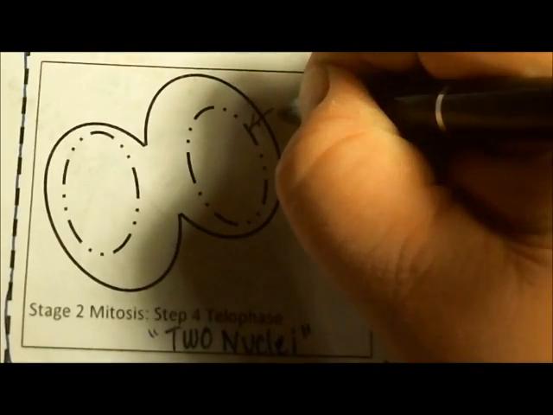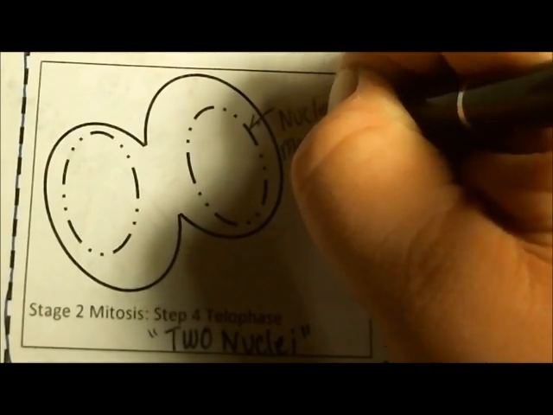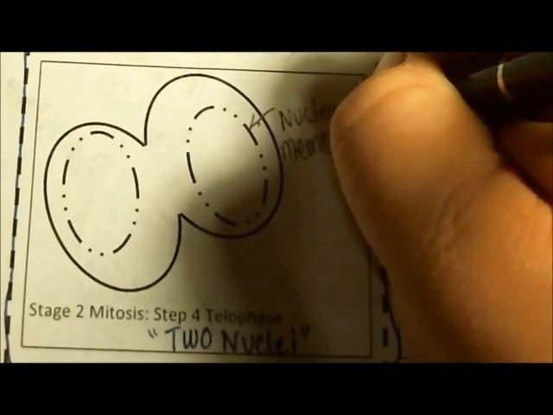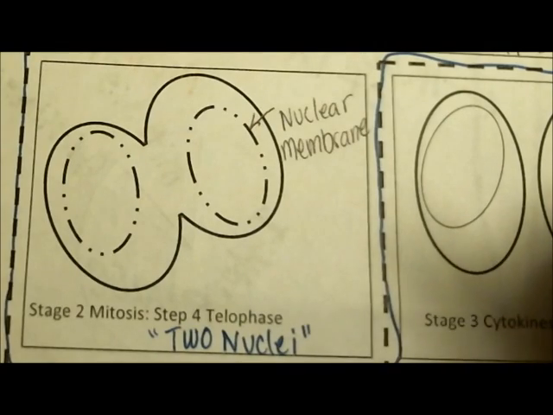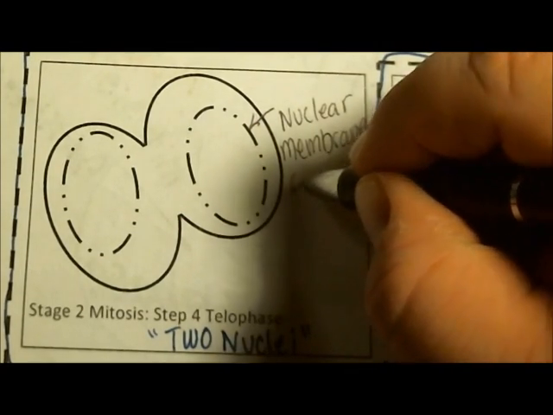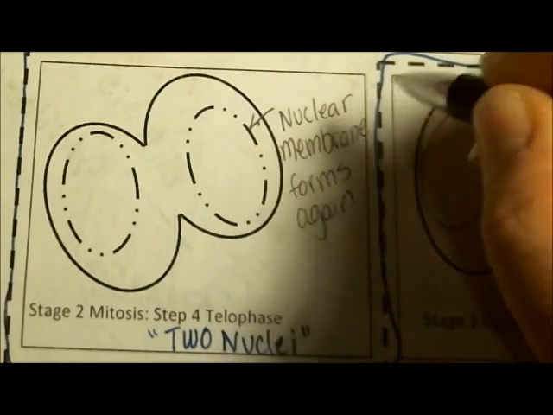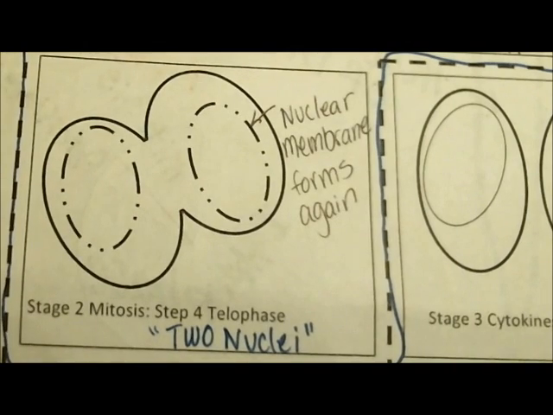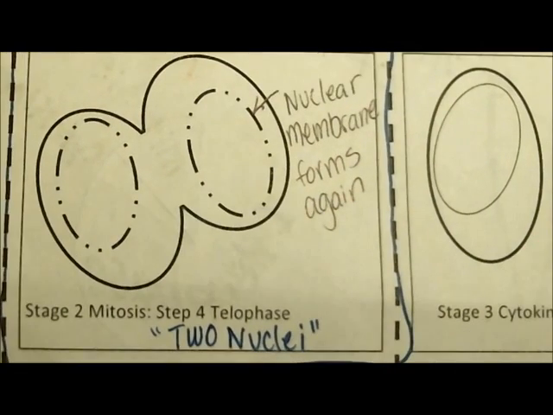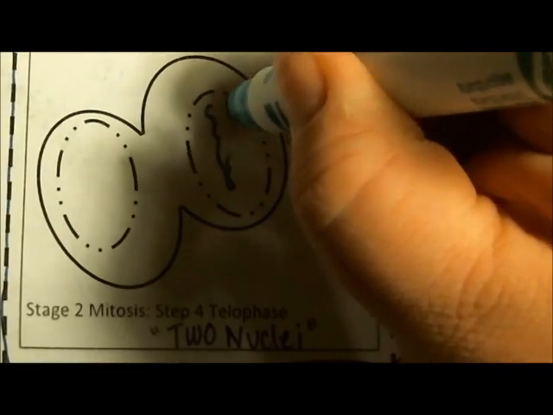Our nuclear membrane comes back, but this time we're going to have 2 of them, because we're going to have 2 nuclei that both need their own membrane. So the nuclear membrane comes back, and our chromatids, they don't need to be condensed anymore, so they're starting to stretch out.